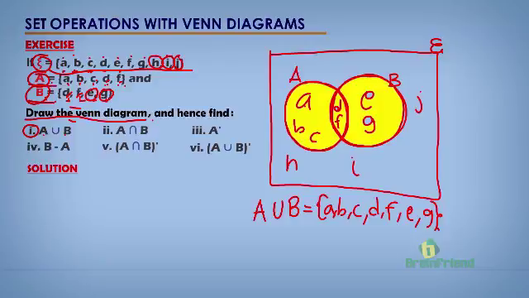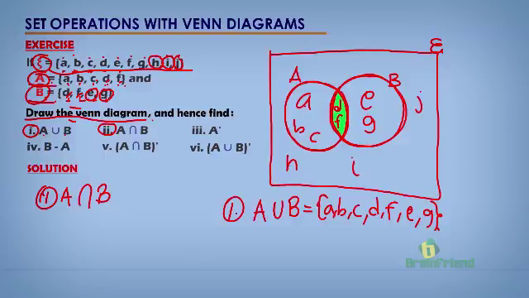Let's take a look at our second question here. We've been asked to find A intersection B. So we have our intersection at this point.